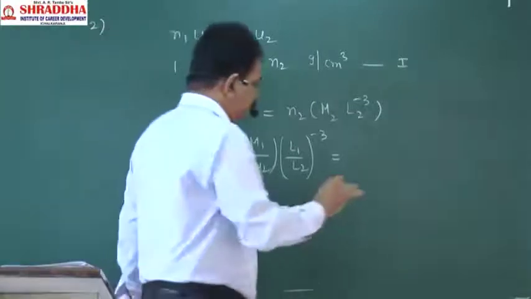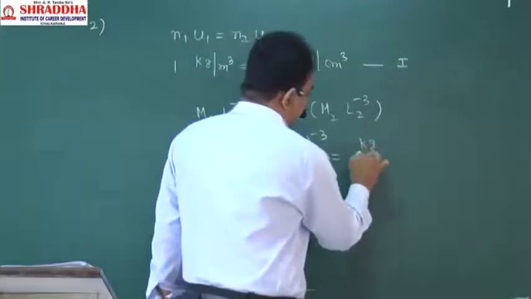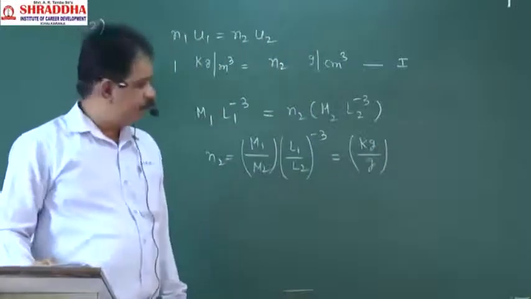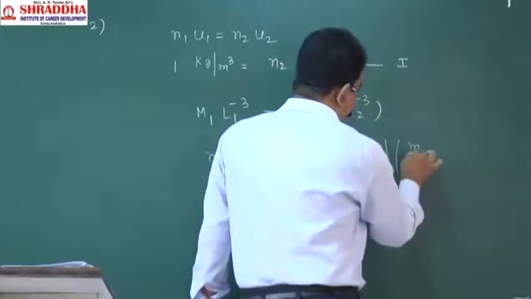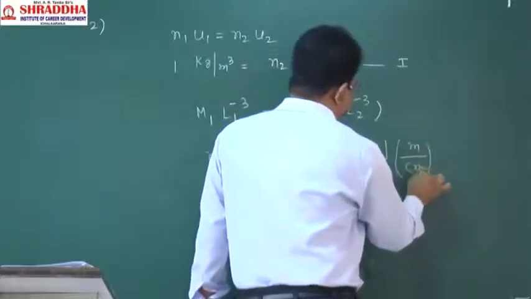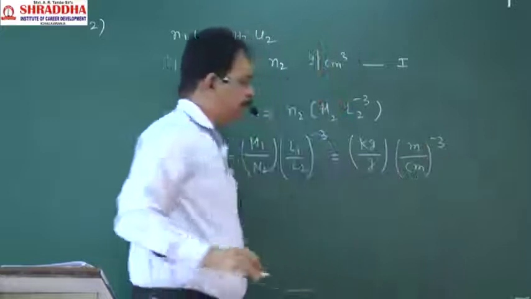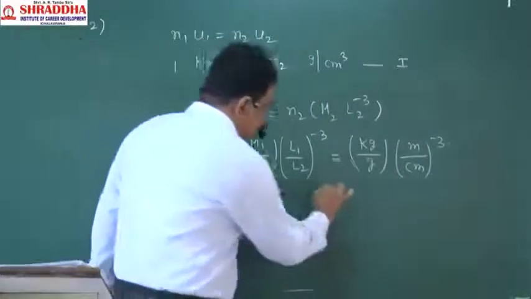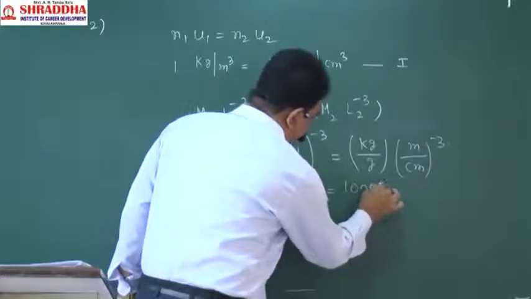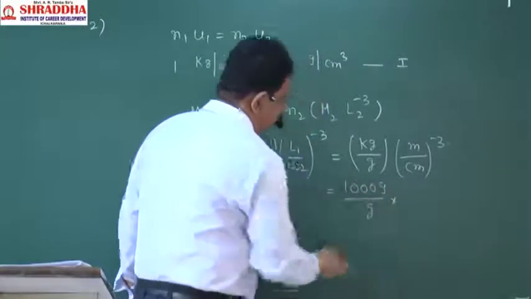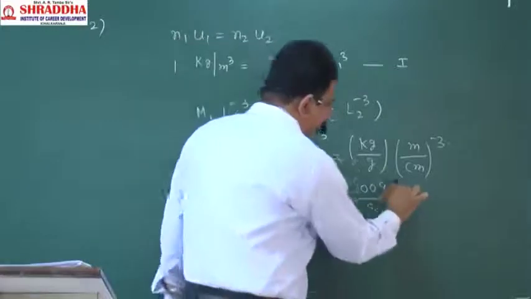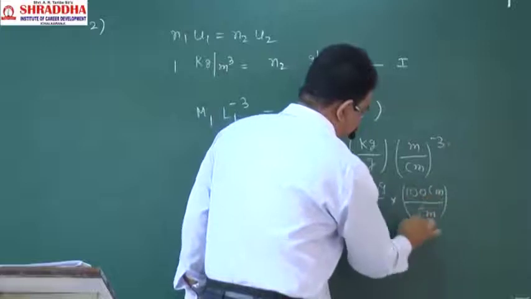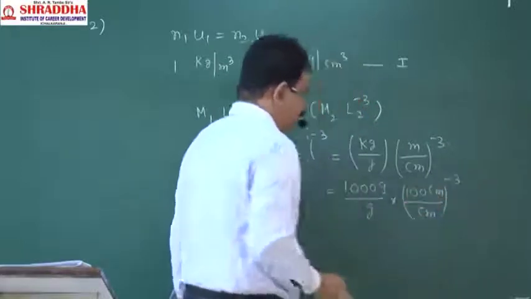M1 will be kg, M2 will be gram, L1 will be meter, L2 will be centimeter. Then this value will be 1000 gram by gram, and this value 100 centimeter by centimeter power minus 3.